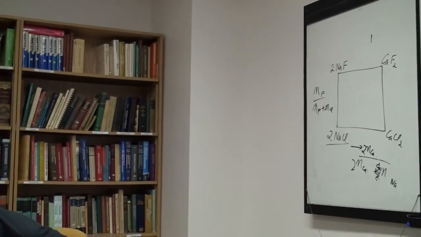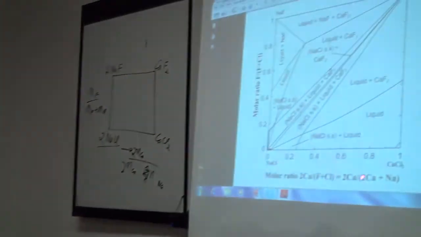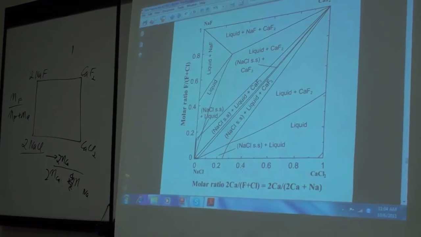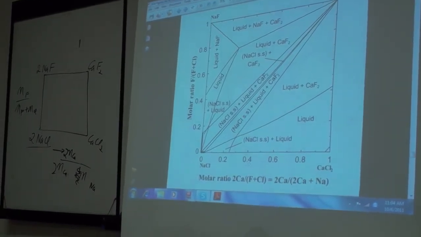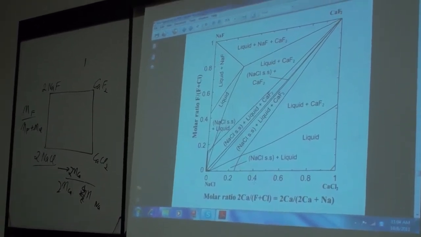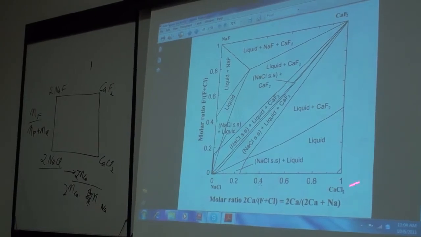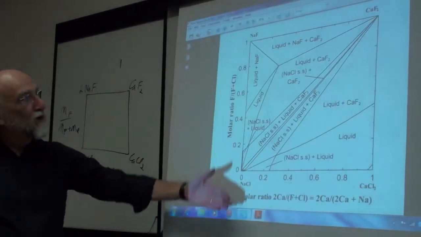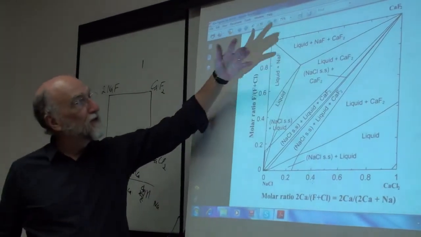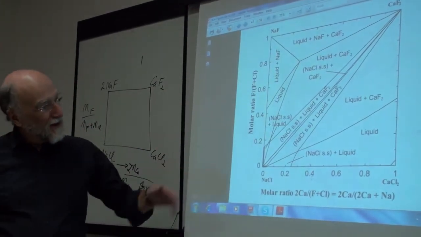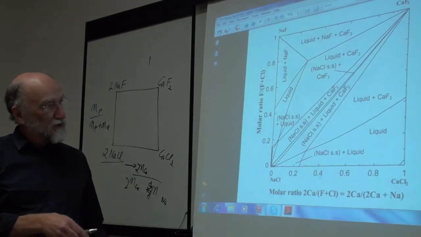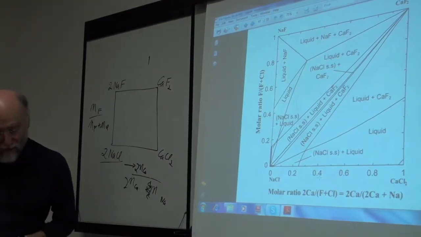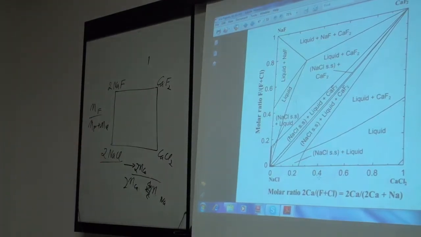You'll see it defined differently, but the only reason that we put these equivalent fractions and multiply by the charges has nothing to do with the fact that it's a charged system. It has simply to do with the fact that no matter how you do it, even if this wasn't a quasi-ternary section, even if sodium, fluorine, and that were soluble, you would still want to do it this way so that you get tie lines that are at least halfway reasonably straight.